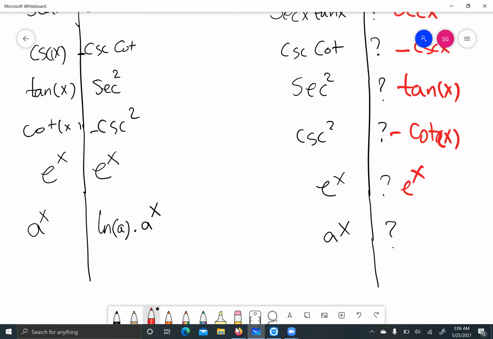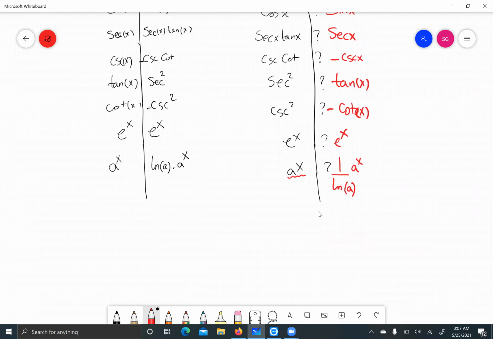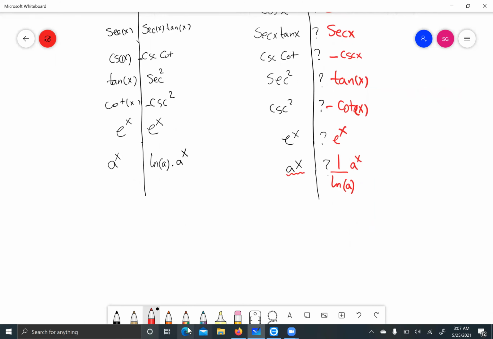So if you're looking for the antiderivative of a to the x, yes, it is a to the x, but the derivative does not contain the natural log of a. So it was reversed, which means that if it's multiplied by natural log of a, now it should be divided by natural log of a. Okay. And what's the next one?